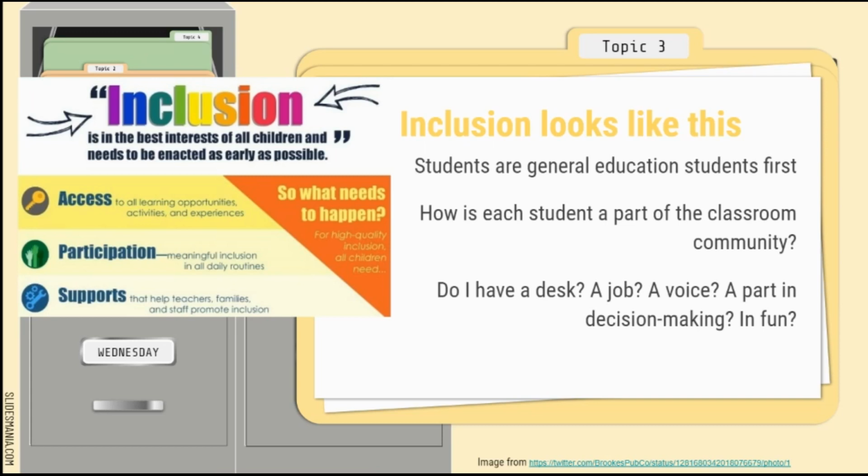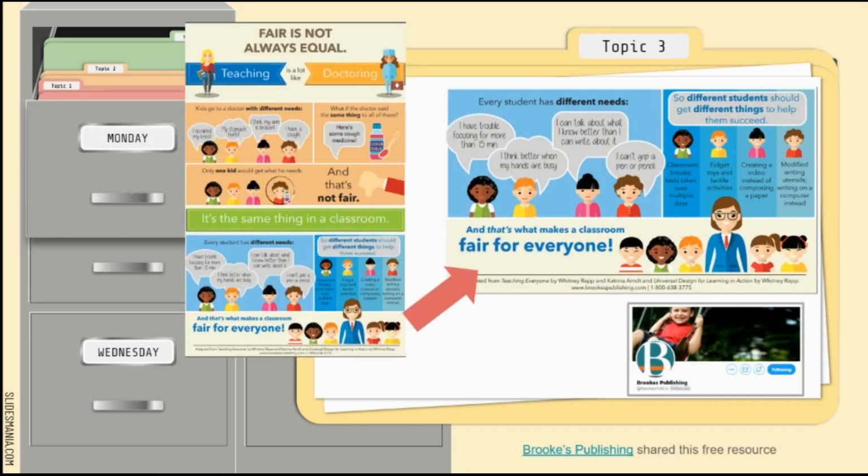And so when we think about what can we share with community members, it can be as simple as sharing this resource. Brookes Publishing is a free resource that has tips, guest bloggers, and UDL. There are success stories that are shared, but it's a free resource to learn about topics that are in special education.